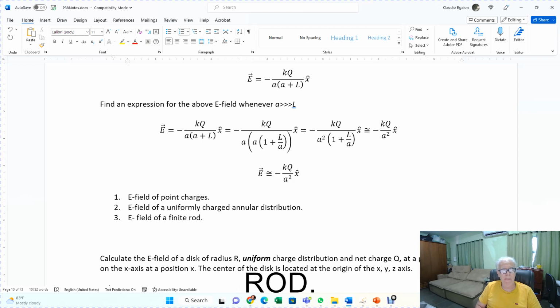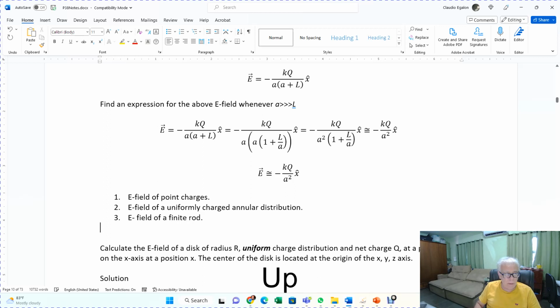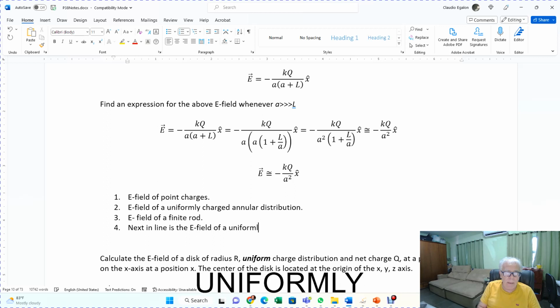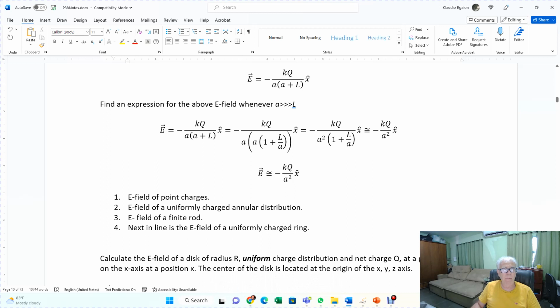We did that. The next one that we are going to do, next in line, is the E field of a uniformly charged disk.